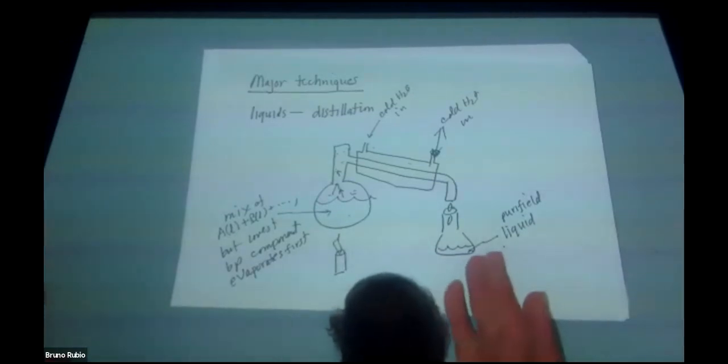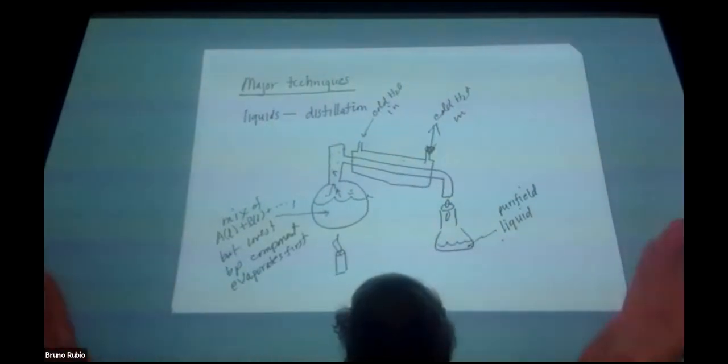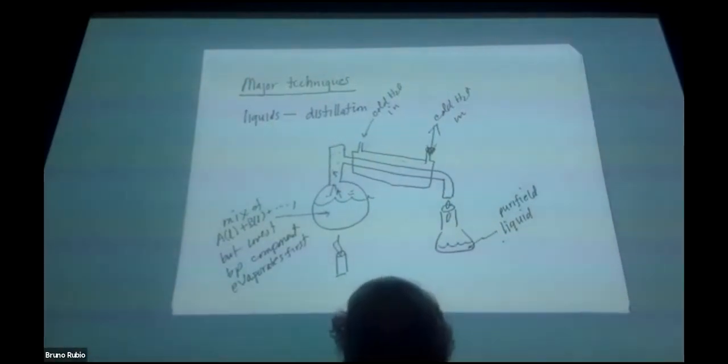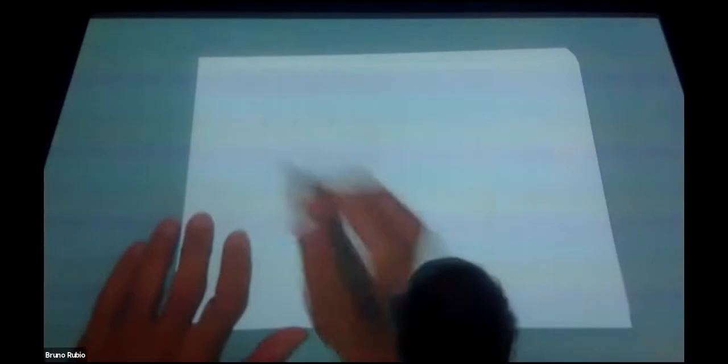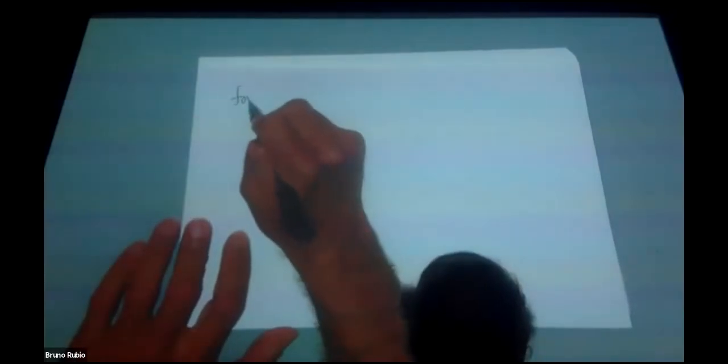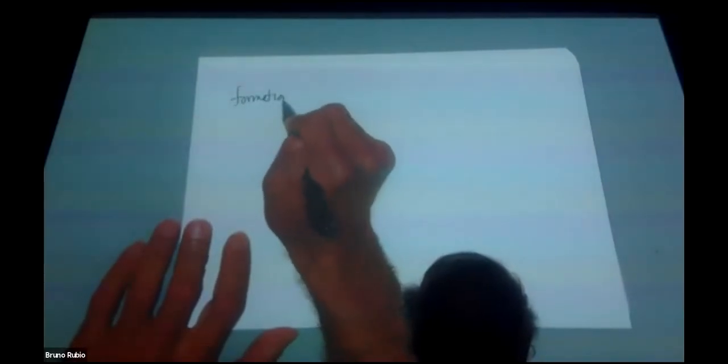Okay, so this is how we like to separate liquids.